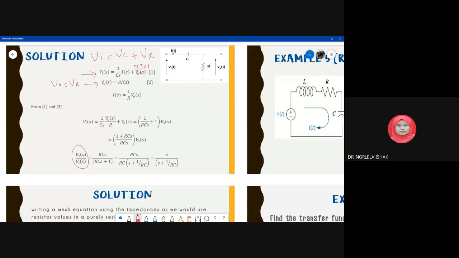We simplify equation 2 to get equation 3, so we can get the current here.